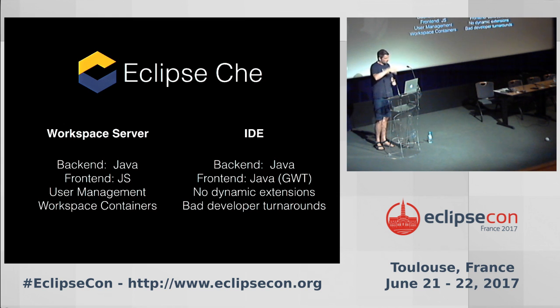But if you go really deep into Che, at some point you understand there's no extension system, so I really have to copy the whole application in order to build a new application, more or less. That's a fundamental problem with it, and that needs to be solved in order to make Che really successful, I think.